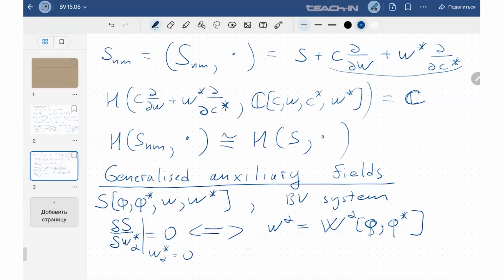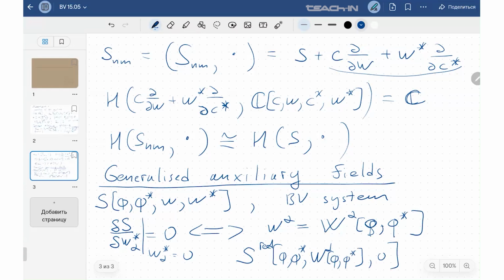And then it turns out that the reduced BV action is S of phi, phi star, capital W of phi and phi star, and 0.